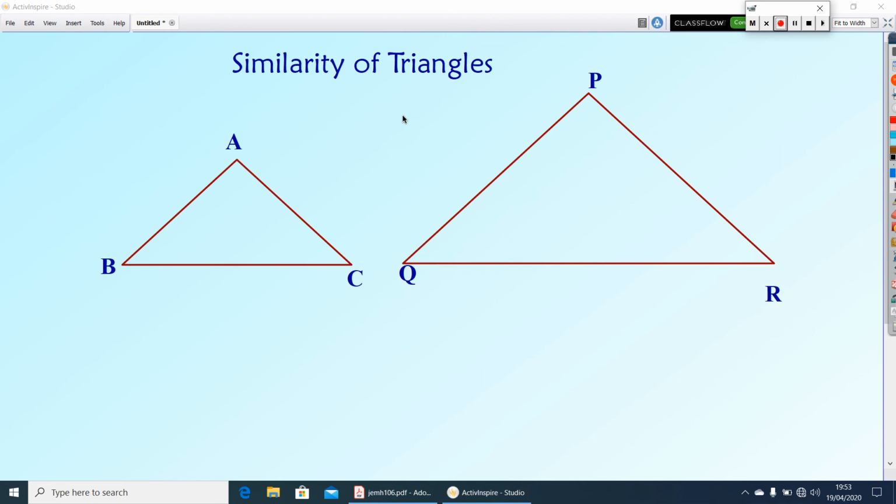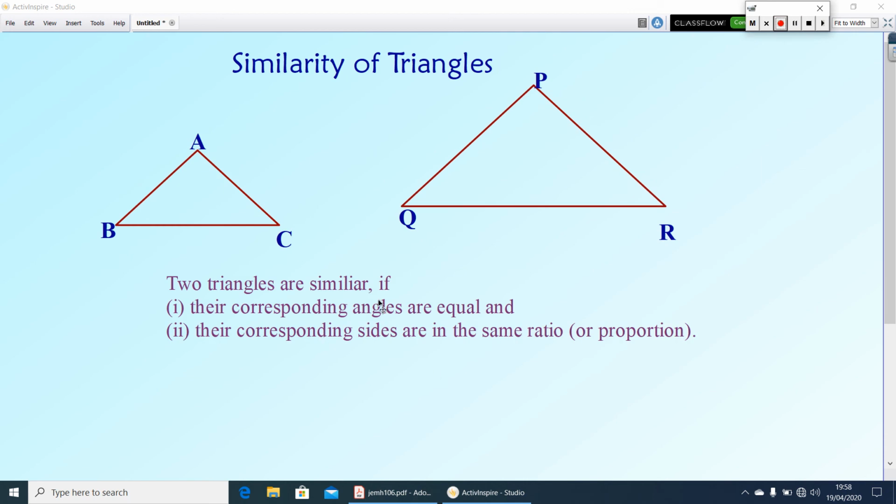Here you have two triangles ABC and PQR. Since triangles are also polygons, you have to satisfy two conditions for similarity of triangles. First, their corresponding angles are equal. That is, two triangles are similar if their corresponding angles are equal and their corresponding sides are in the same ratio or proportion.